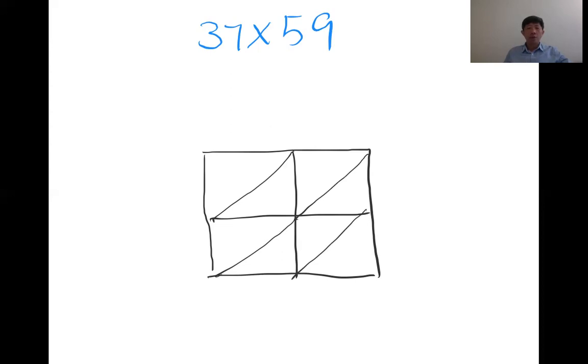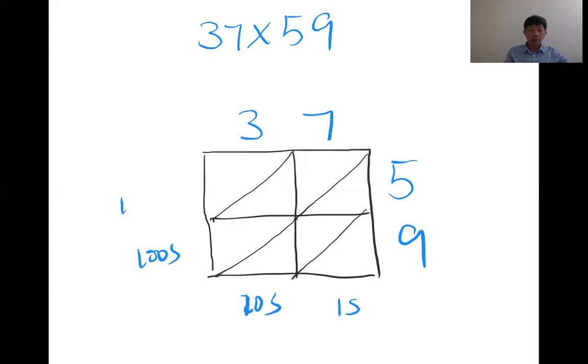So 37 again, we put the 3 and 7 there. And we put 5 and 9 in there, right? And again, our final answer: ones will be there, tens will be there, hundreds will be there, thousands will be there, all right? So that'd be the answer, okay? And then we have to find the partial products and add them up.